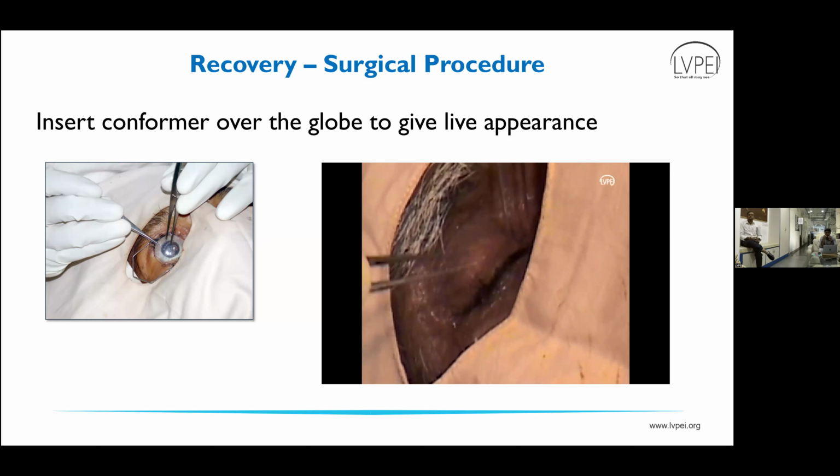Place it over the globe and adjust it to make it centered, and then close the lids properly. Lift up the lids and then close them properly so that it won't fall back again, because it has sharp edges to hold the lids properly. This is how we give a live appearance to the donor.